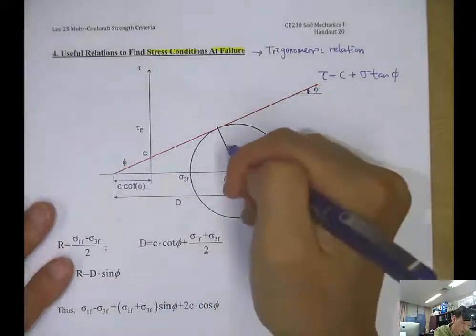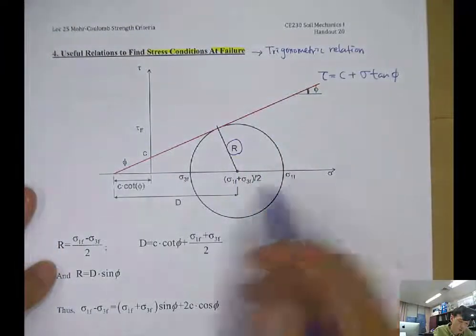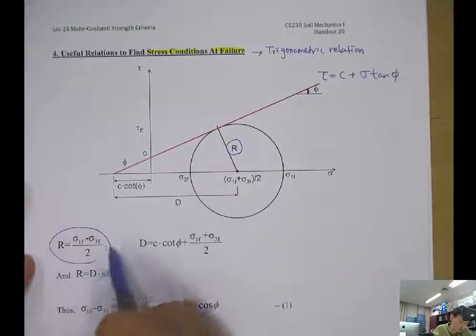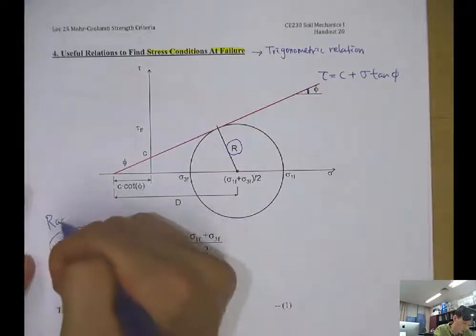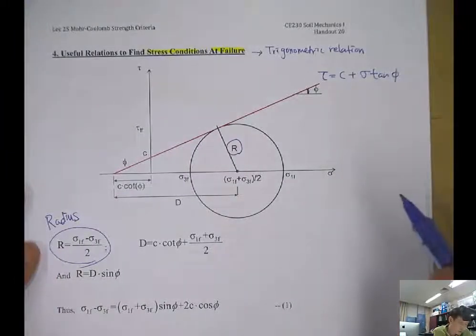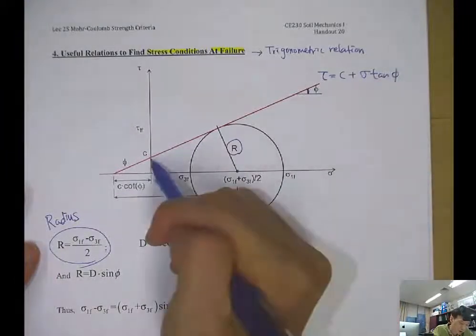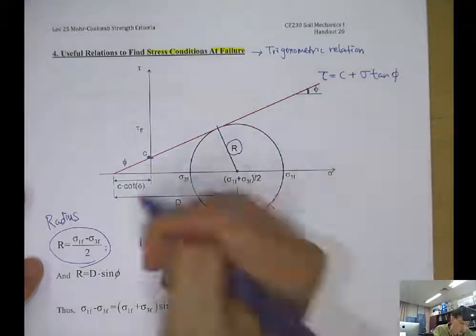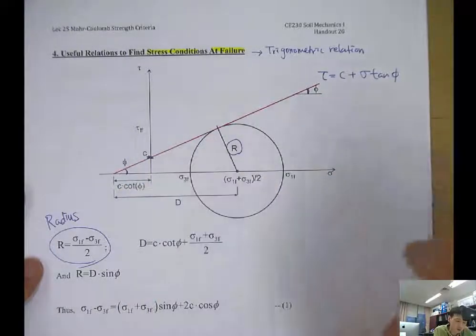And we can find the R too. R is sigma 1f minus sigma 3f over 2. So as shown in here, this is the radius of this Mohr circle. And then this is the cohesion intercept C, and we have the angle phi.